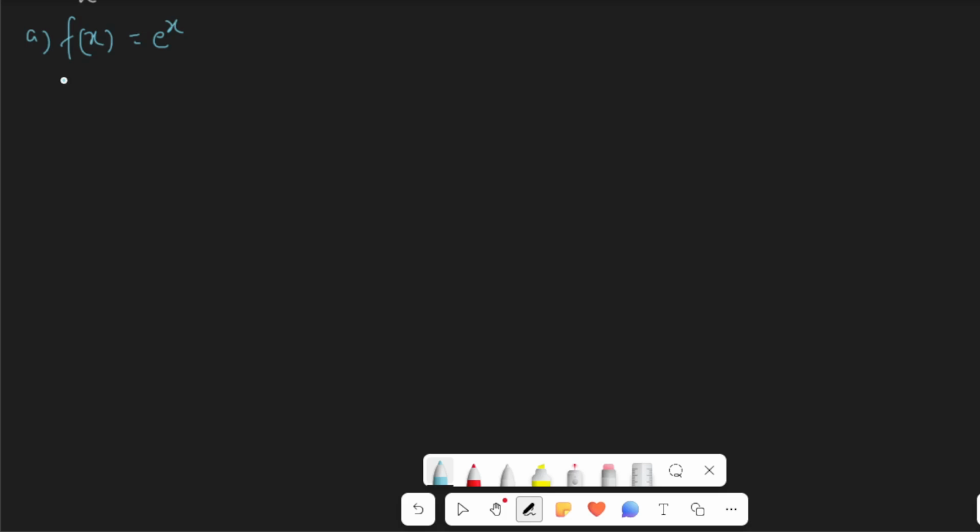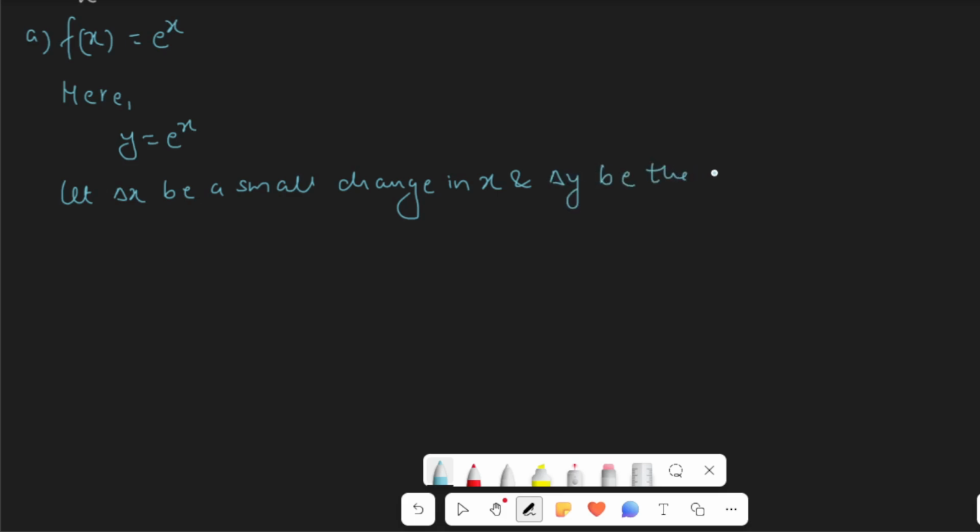Now, we know how we start to find derivative using the first principle. First, we let this function be equal to y, and then we state what delta x and delta y are. So let me write it down. Let delta x be a small change in x, and delta y be the corresponding change in y.